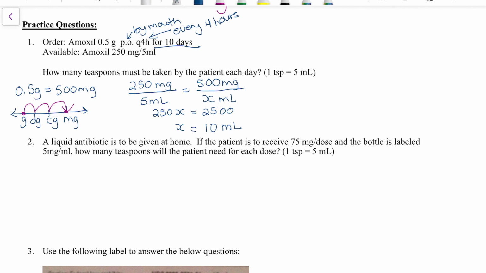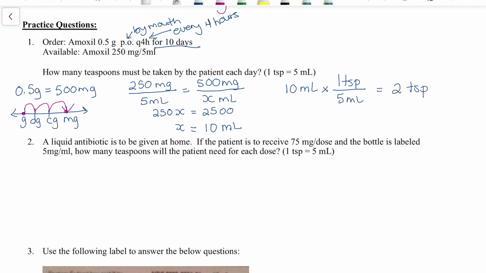They're asking, well, what is that in teaspoons if 1 teaspoon is 5 milliliters? So there's, again, lots of different methods you can use to do this. I'm going to use dimensional analysis. So I have 10 milliliters, and I'm timesing that by 1 teaspoon and 5 milliliters, and I get 2 teaspoons.